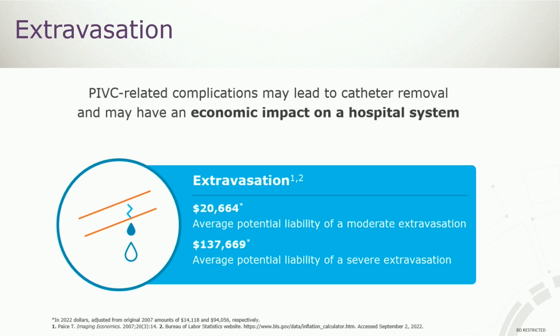Potential costs incurred by the health system could be up to $20,000 of liability for a moderate event, but nearly up to $140,000 if you have a severe episode. Maybe the patient has to be admitted or has to have a procedure to correct that adverse event. So these are things to think about when you're designing the whole program from top to bottom.